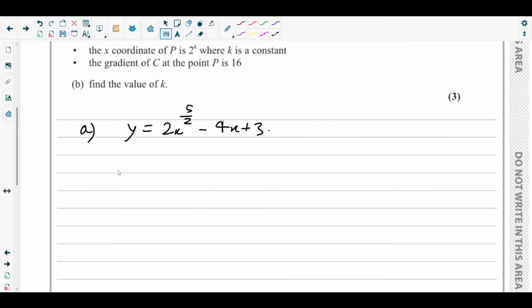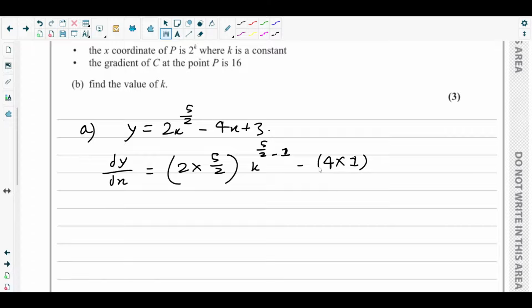If you differentiate this, we multiply the coefficient by the power of the variable, so you will get 2 times 5 over 2, and then subtract 1 from the power, so 5 over 2 minus 1, minus 4 times 1, because the power of x here is 1, so x to the power 1 minus 1, plus 3. The 3 is a constant, and a constant has no derivative, so it's 0.